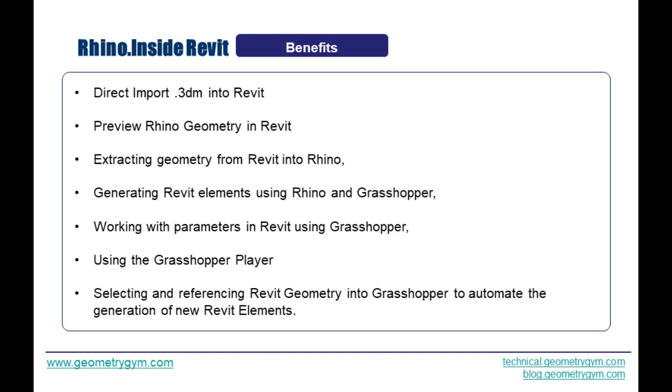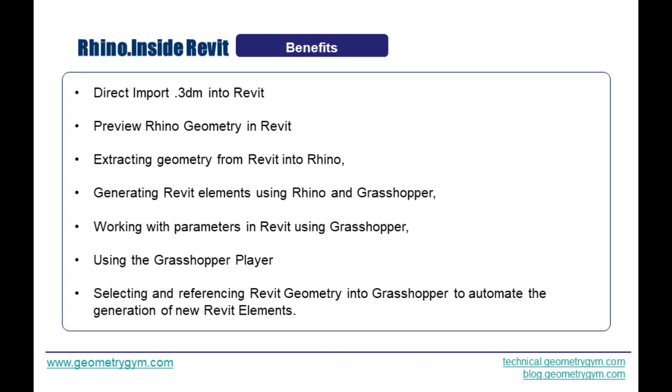You can extract geometry from Revit directly into Rhino, baked directly into Rhino. You can generate Revit elements, direct shapes, through Rhino and Grasshopper directly. You can manipulate parameters, get, set, and create parameters on objects within Rhino and Grasshopper.